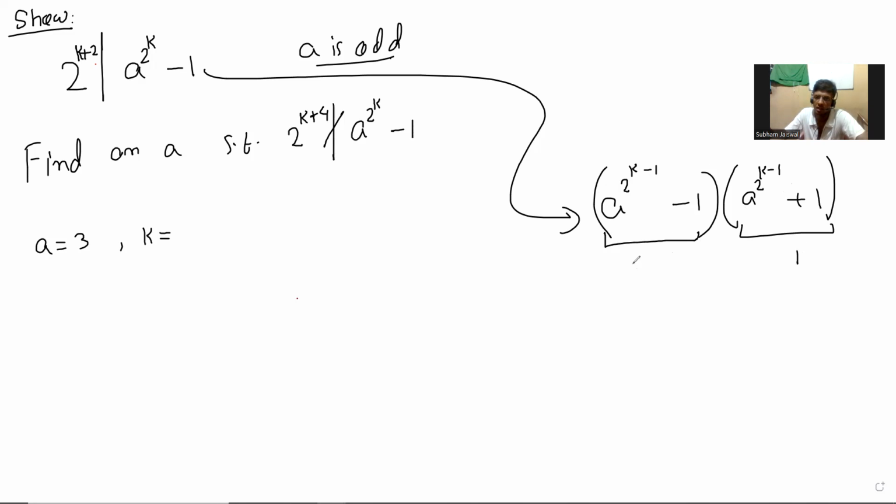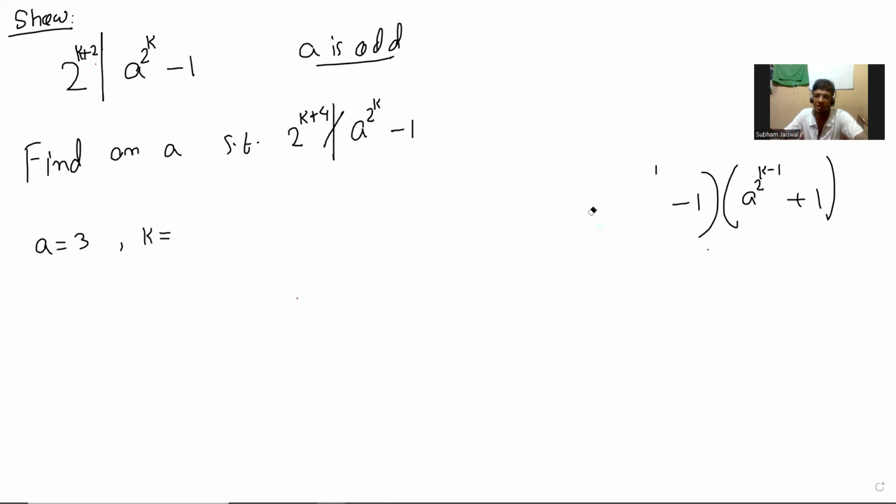So this is k plus 1. By induction hypothesis, this is divisible by 2 to the k plus 1, because that is the base case we have proved. Two more than this, so that's k plus 1, and total we get k plus 2. Something is still bothering me, but that is probably unnecessary. Seems correct. Okay, so then it's correct.